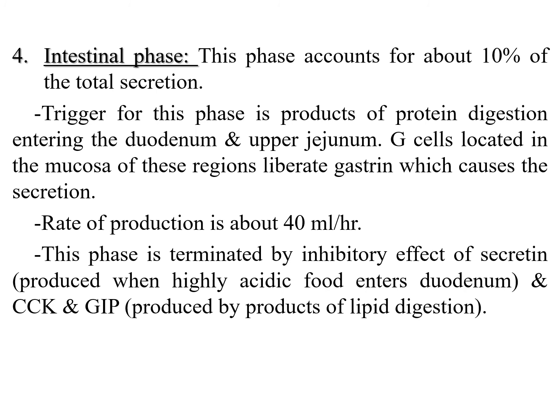It is both neural and chemical in nature. The neural contributed by the vagus due to stomach stretching, and the chemical contributed by the gastrin liberated by the G cells of antral mucosa when they are stimulated by the products of protein digestion.